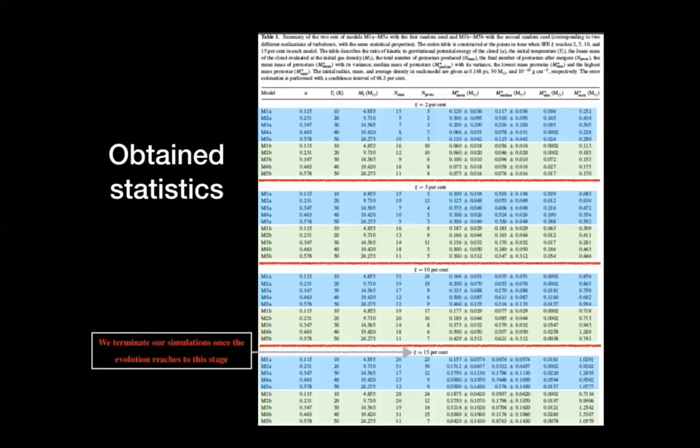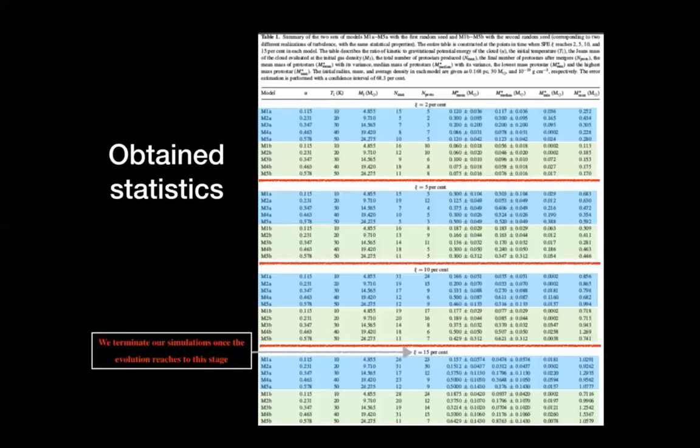For instance, we analyze how the mean masses are evolving in the systems, and how the maximum masses and the minimum masses are responding, and so on. We analyze all these with respect to the star formation efficiency, which is the amount of gas converting into stars. So we analyze our data first at a star formation efficiency of 2%.